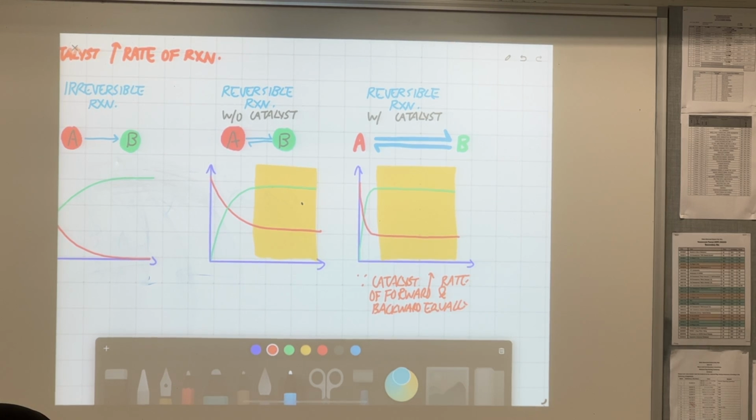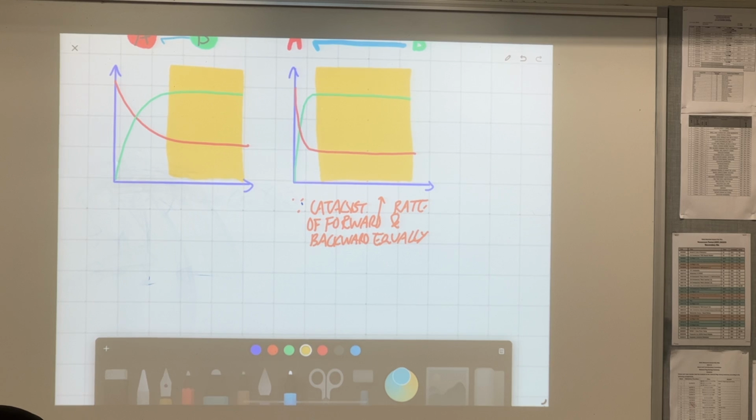So therefore, 2 outcomes. Number 1, the amount of product stays unchanged. But what is changed is the time it takes to get to equilibrium. Time to reach equilibrium is now shorter. This is the time to reach equilibrium.